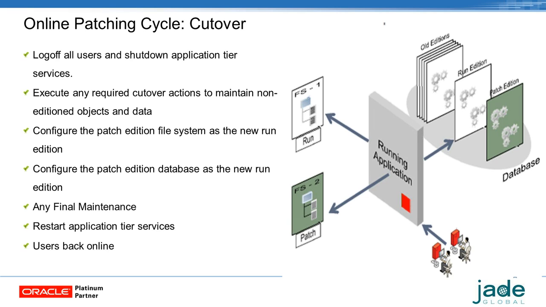Once that is done, you will do a final maintenance, and once the final maintenance is done, you will restart application tier services. Once that is done, your users are back online, and this whole activity can take less than 5 to 10 minutes.